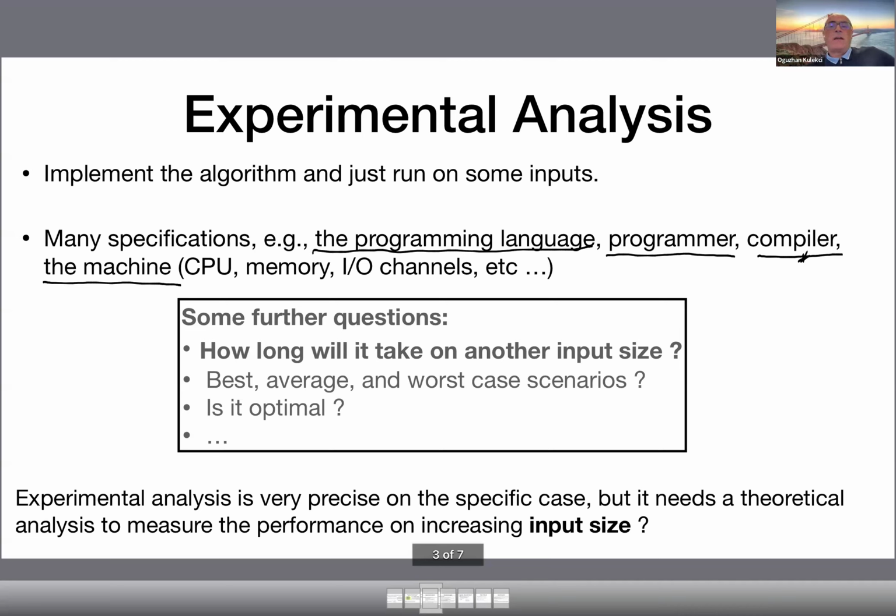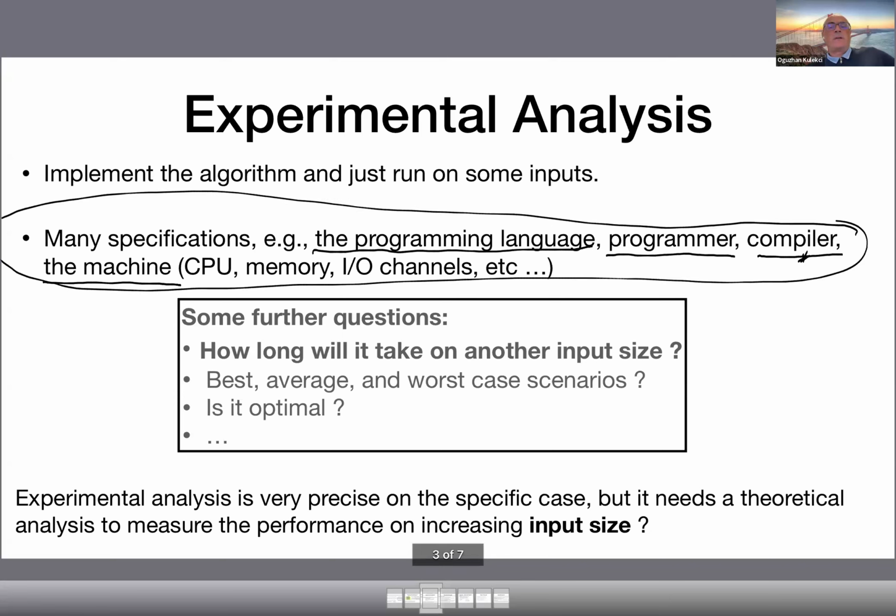So that is why an experimental analysis of an algorithm is highly specific to many specifications, but it will provide us very accurate, very precise results. With the precise, I mean it will say 3.2 seconds by using, I don't know, 121 megabytes of memory, something like that, very precise.